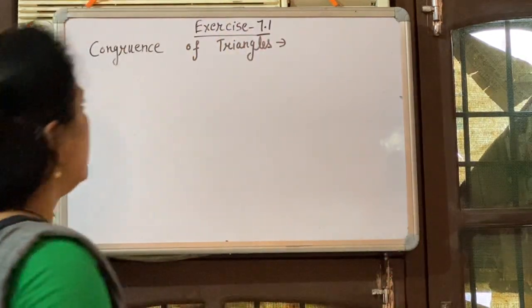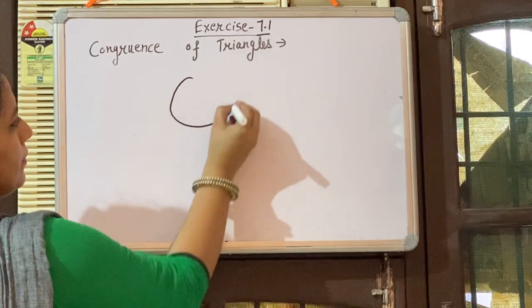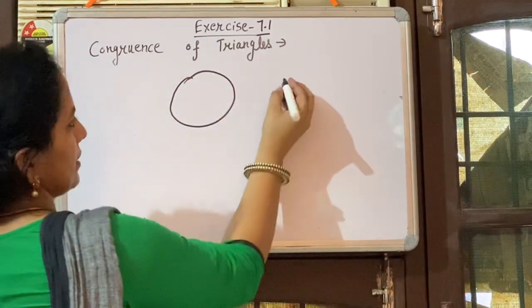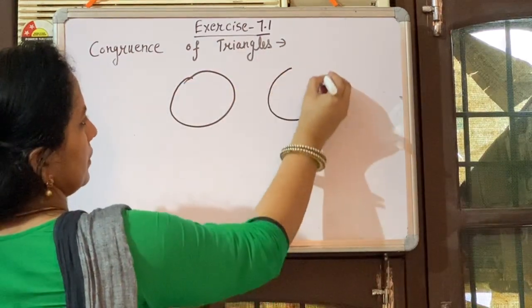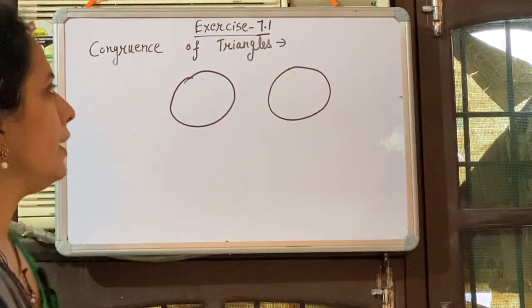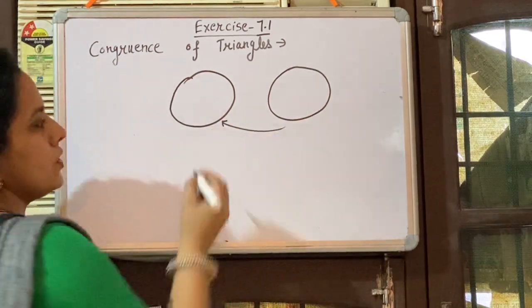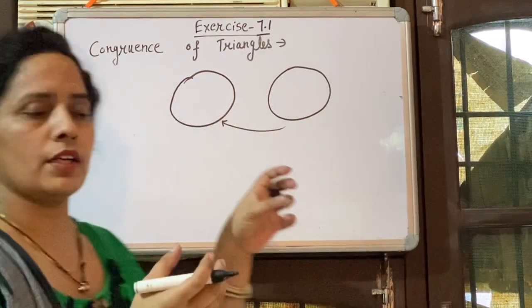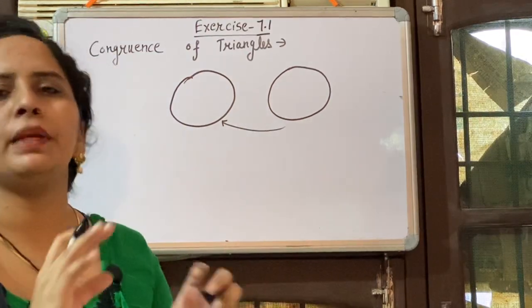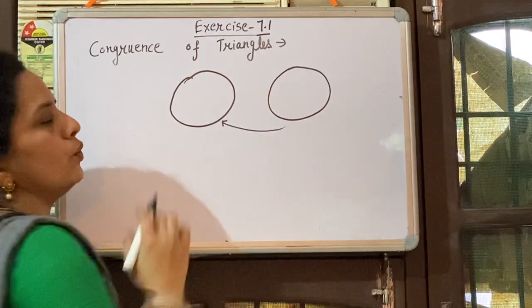Congruence means, for example, if we take two circles of same radius, and if we put one circle on the another so that these two circles cover up each other completely, then we can say that these two circles are congruent.